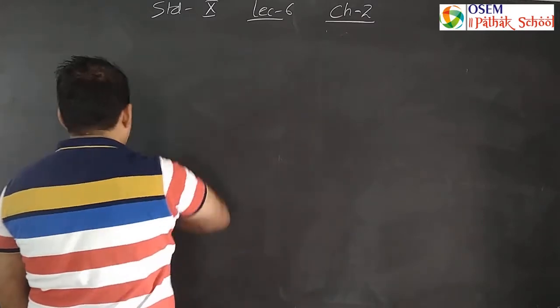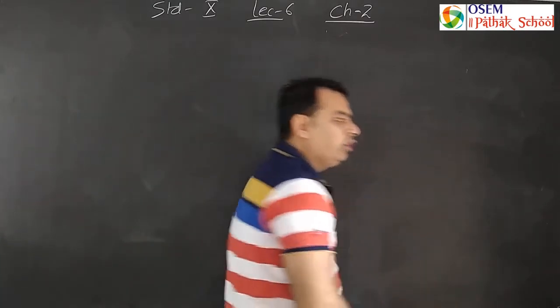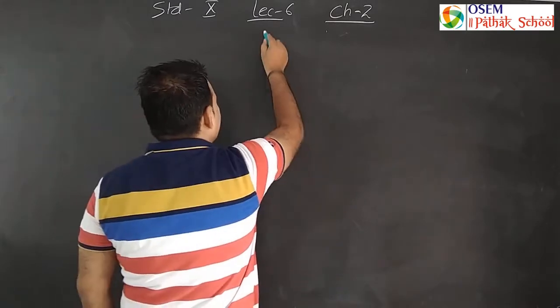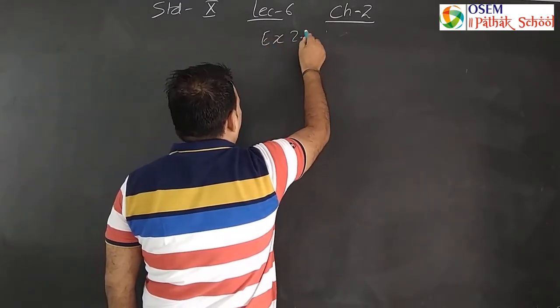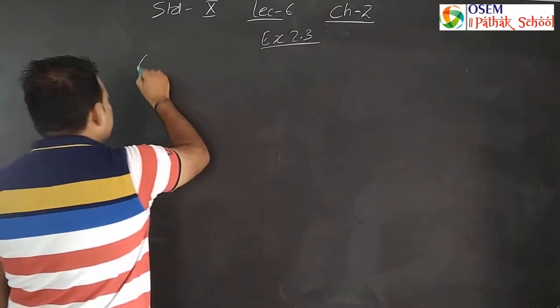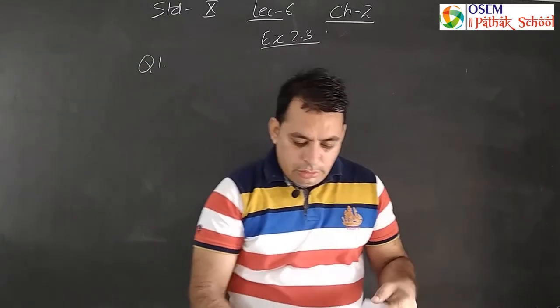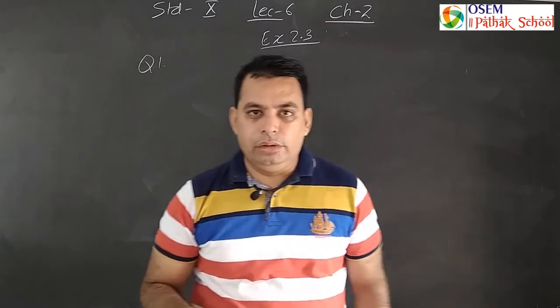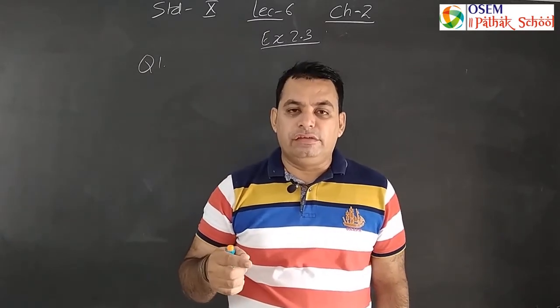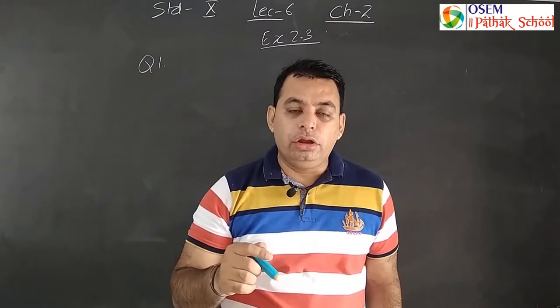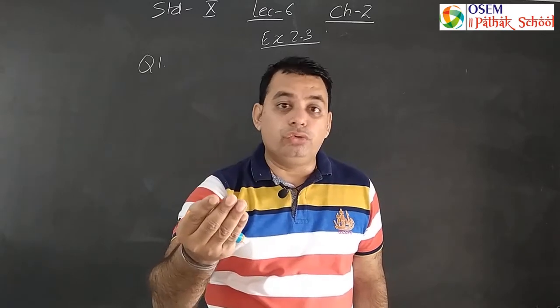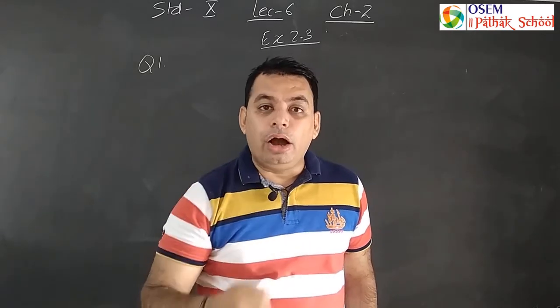Now students, I am solving things in front of you. This is exercise 2.3, question number 1. The question says divide, you just have to do the division. So I am writing down the first question and will solve it in front of you so you can get the concept of how to do it.